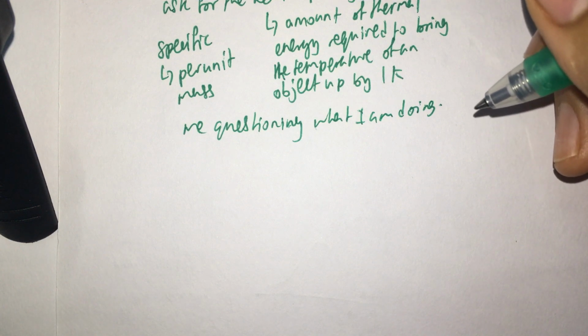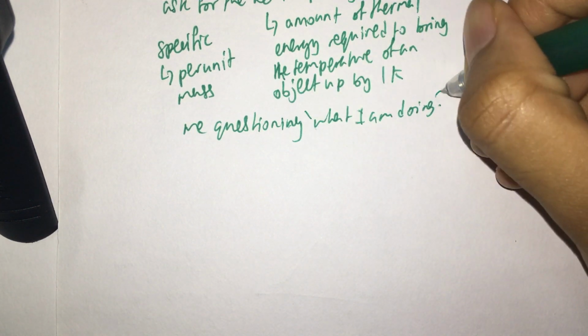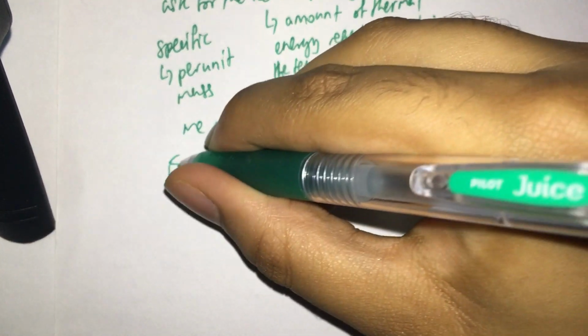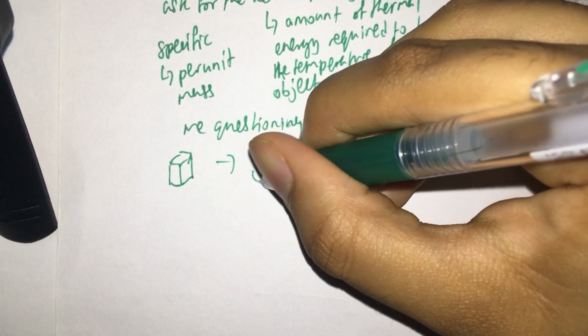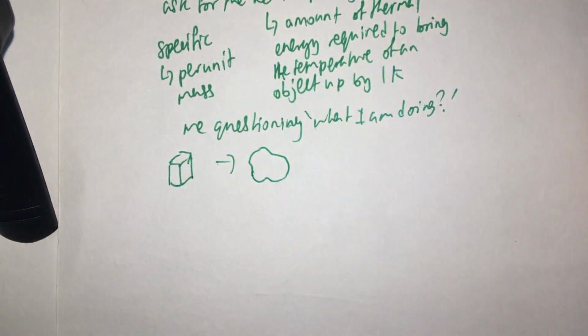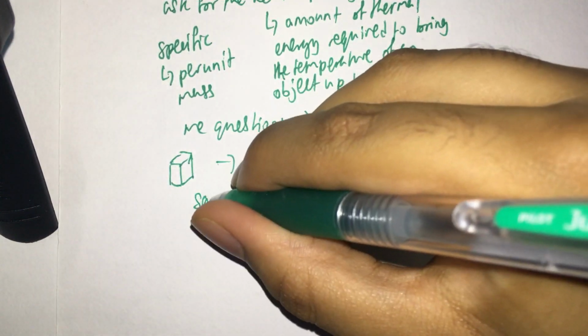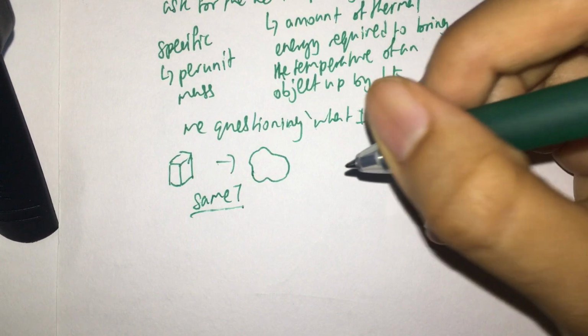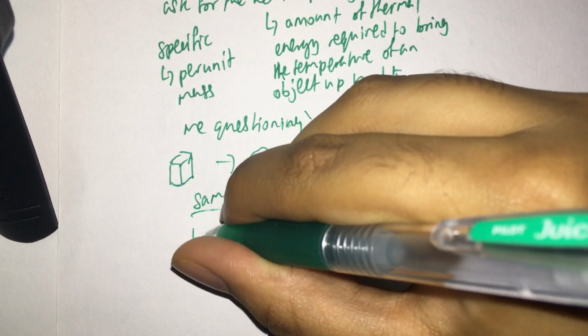Okay, so now you find out that the object can actually melt, but you do not know how much energy you need to melt the object. Basically, you want to melt it just right and not increase the temperature anymore. As you know, during melting and boiling, the temperature of the object doesn't change.